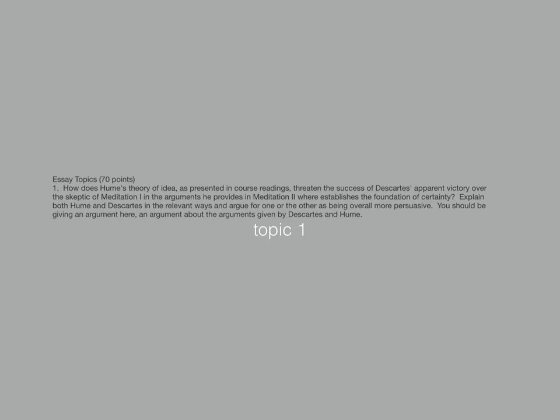It wouldn't be enough to generally oppose rationalism and empiricism, or generally oppose Hume's theory of ideas and something else from Descartes, or even Descartes' theory of ideas. It's more like this: explain Hume's theory of ideas. Now that we've got that understood, how exactly does this pose any direct, obvious, clearly articulated threat to some very specific argument or conclusion from Descartes?